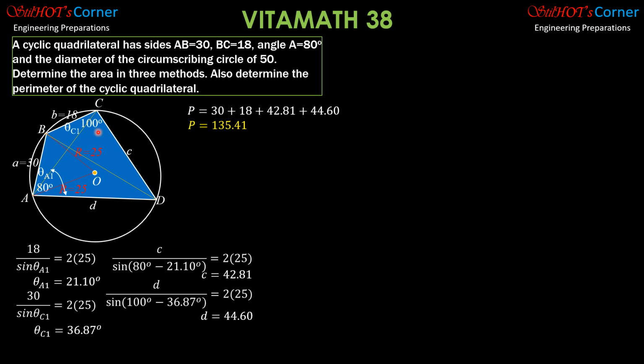That's the same. Then the other area would be 1/2 of quantity AB plus CD, then times sine of angle B, where angle B is equal to 180 degrees minus theta A1 minus theta C1. We have found theta A1 and theta C1, so you can solve angle B. Angle D, there's no need because it is the supplement of angle B. The formula is the same because the area is in terms of sine of one angle.